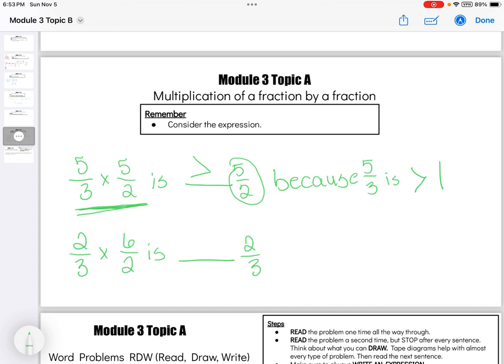So in this situation, 2/3 times 6/2 is going to be greater than 2/3, because six halves is greater than 1. Just some things to think about.